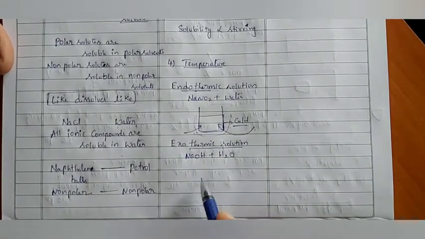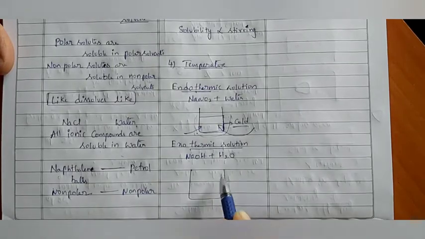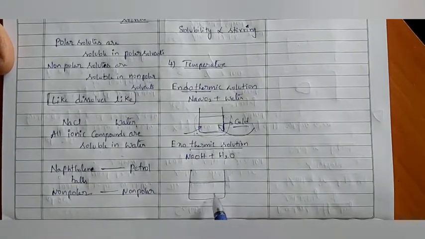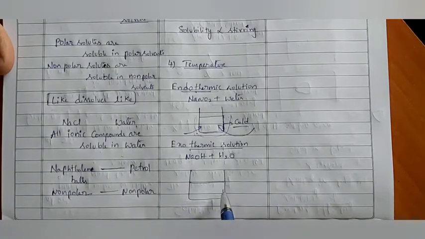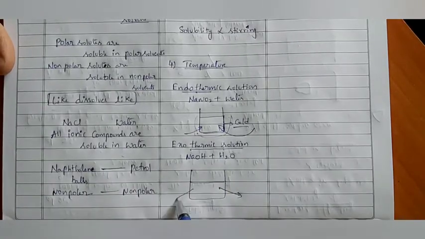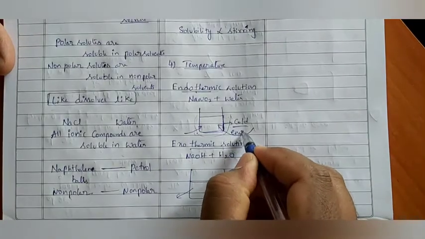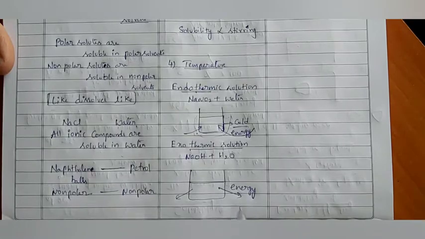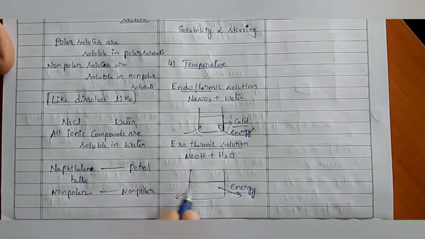Anyway, I am going to take one beaker which contains water. At the time we prepare NaOH plus water, energy is getting released. Energy is getting released by the solution to the surroundings.